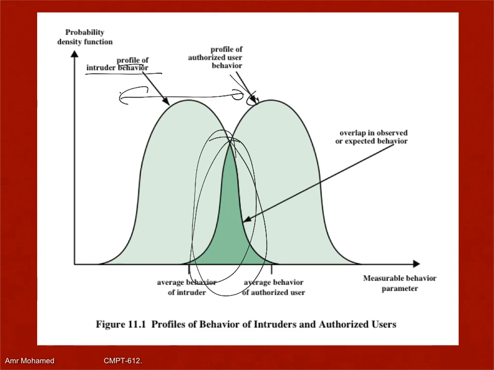Okay? So that's what we call false positive. The other way is that an intruder can also be classified as a legitimate user by mistake. Okay? Which is what we call false negative. So this overlap causes some kind of confusion, so a more accurate IDS system should try to minimize this overlap and minimize the false positives and false negatives. Right? So that's the main issue.